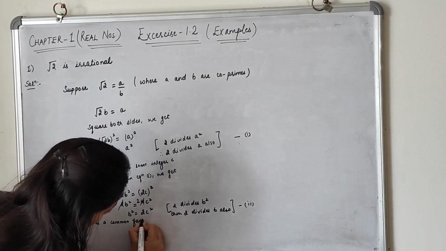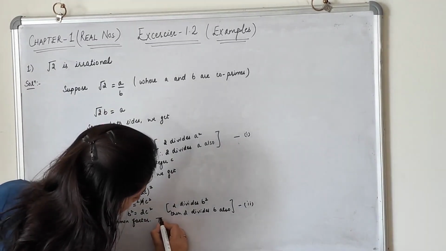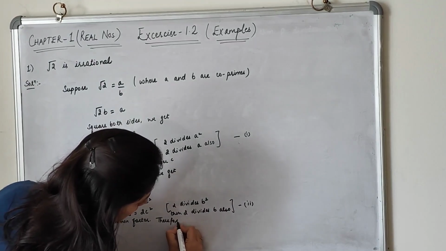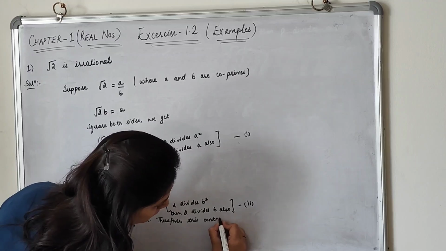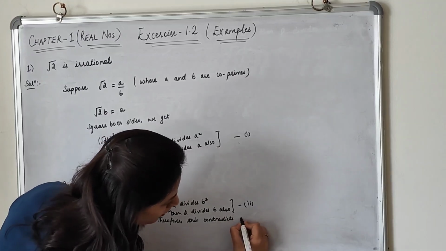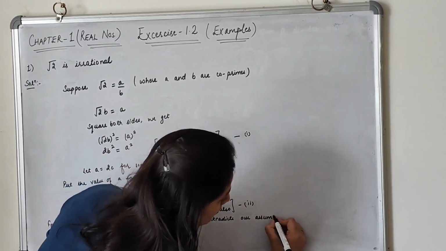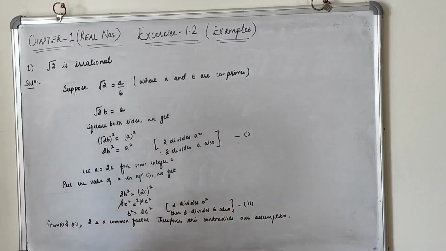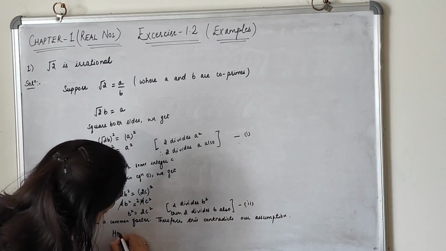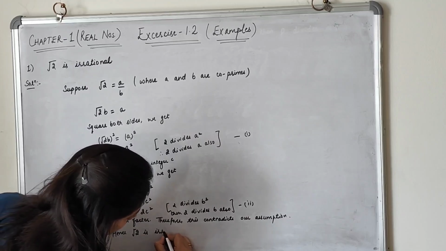Therefore, this contradicts our assumption. Hence root 2 is irrational.